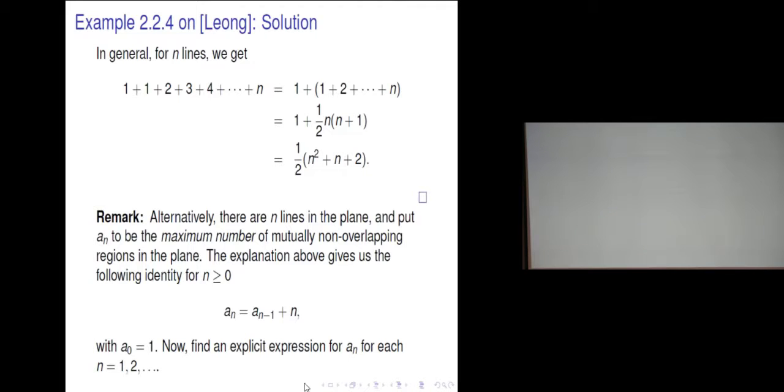Let me try one more time. This is a number line. What I did is I first showed n equal 2 is true, and then I jump to n equal 4.